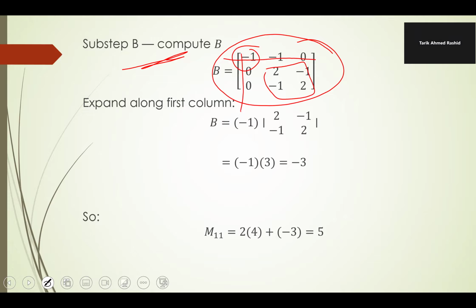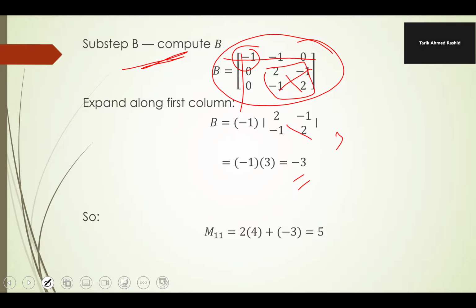So 2 multiplied by 2 is 4, minus 1 multiplied by minus 1 is plus 1, so 4 minus 1 is 3, multiplied by minus 1, that is minus 3.